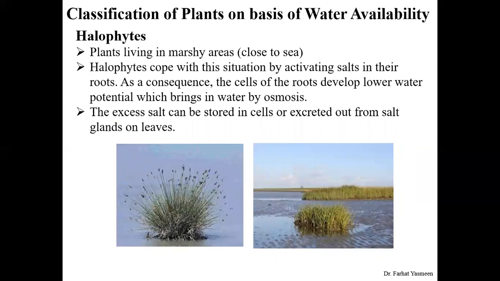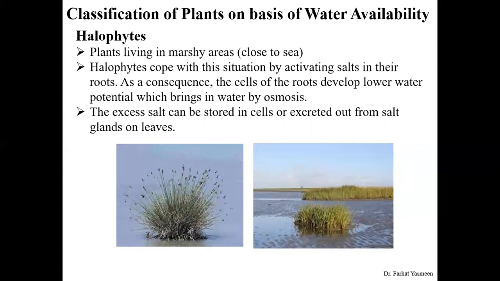And the third class of plants based on water availability is the halophytes. Halo means salt. So these are plants which live in marshy areas or close to the sea, because in the sea or in marshy areas, salt content is high compared to other areas.